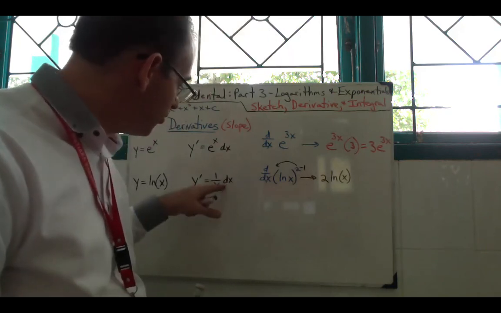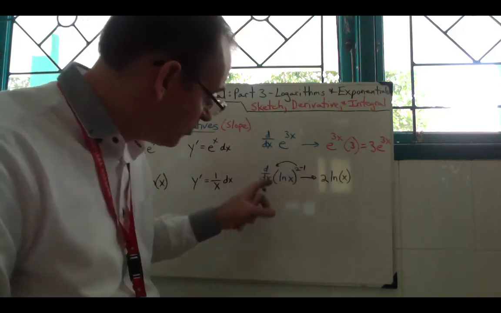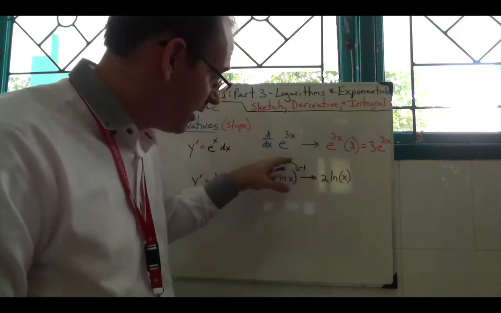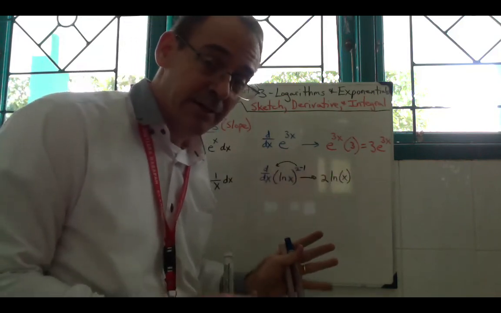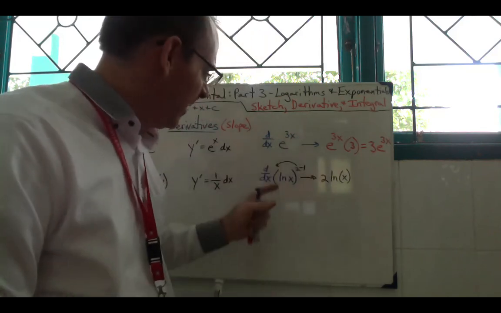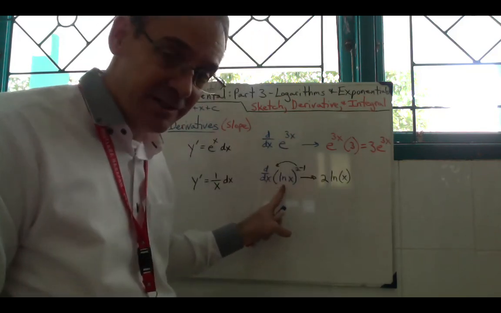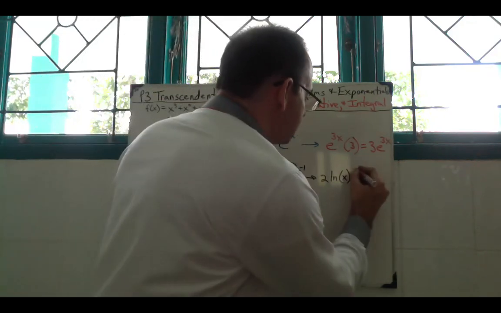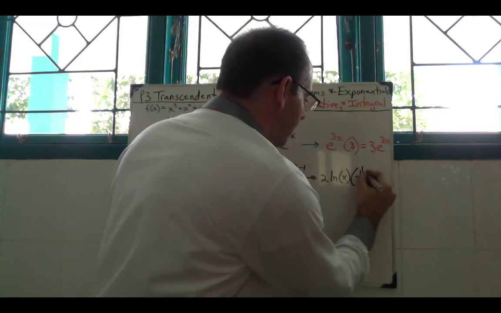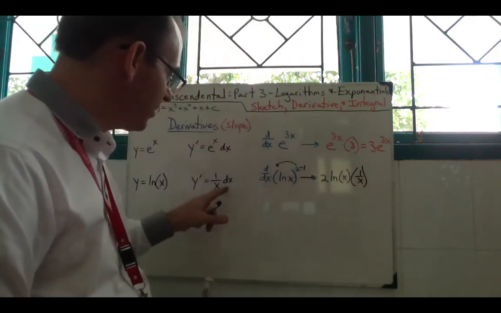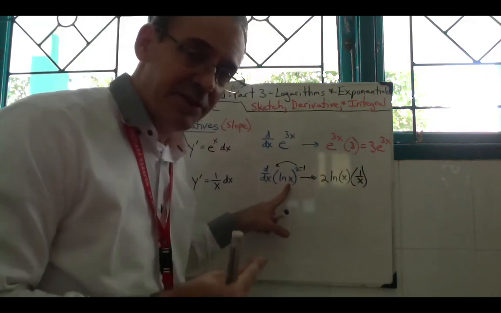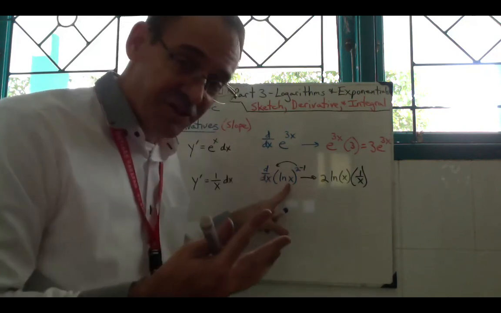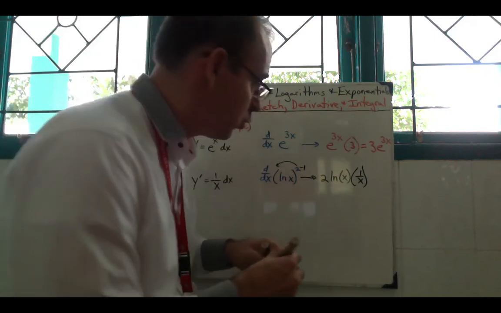And then we need to do the derivative actually of the inside, because that was just the exponent part. So do the exponent part first. Now we need to do the function. So the derivative of ln x is 1 over x. And then we need to do the dx, which is the derivative of the argument itself, and it's just x, so the derivative of x is 1.